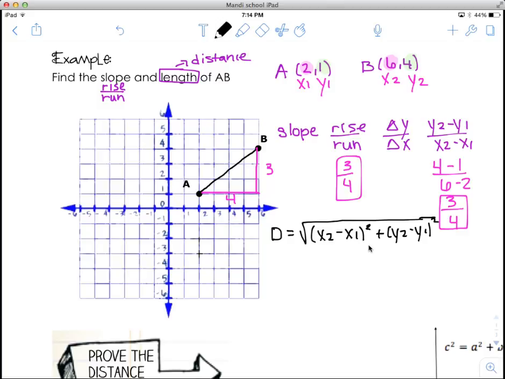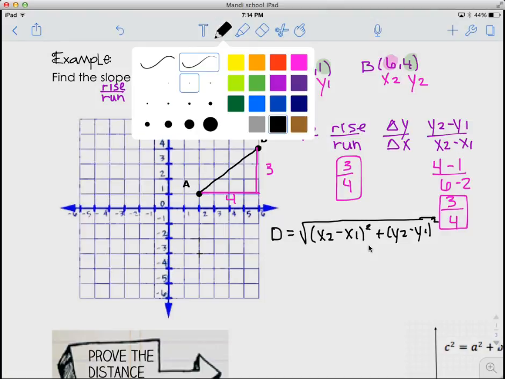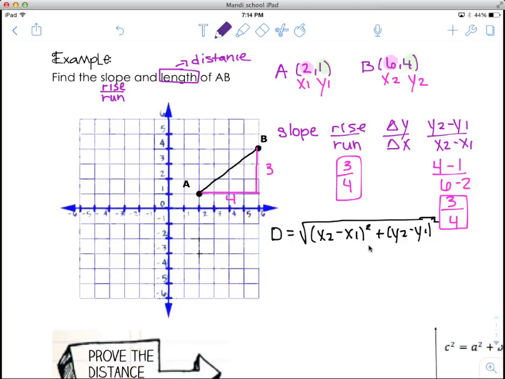So this is the distance formula. So let's take what we have and plug it into this. x2 is 6 minus x1 is 2, squared, plus y2 is 4 minus y1, squared.